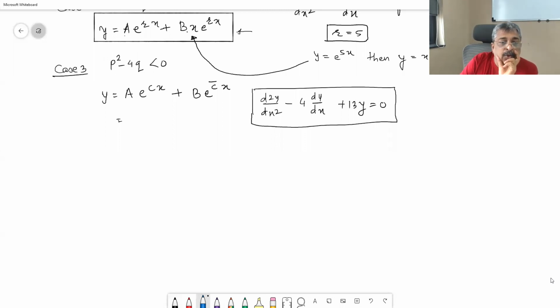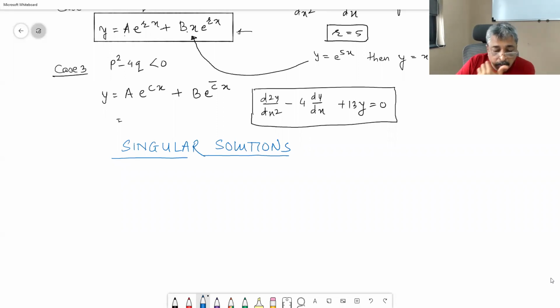Discussion on singular solutions. Let me first give you an example.